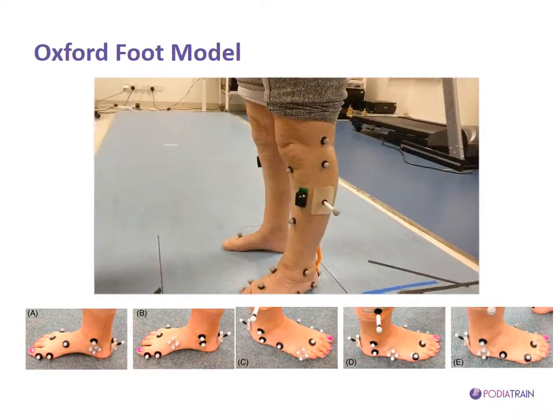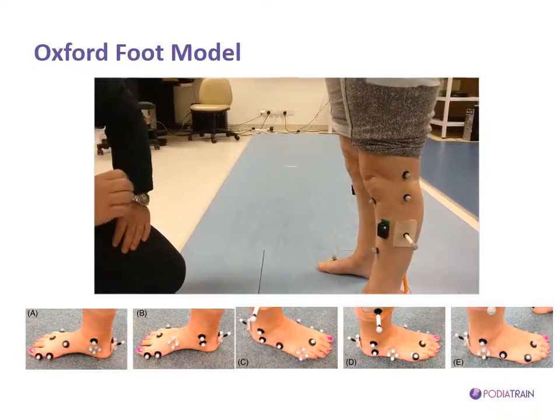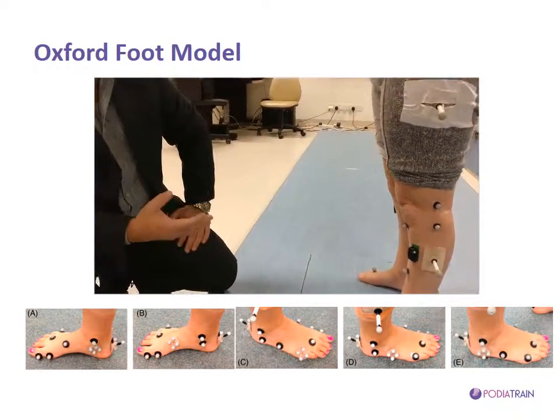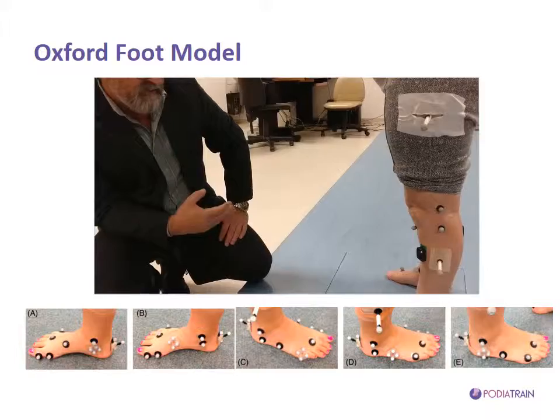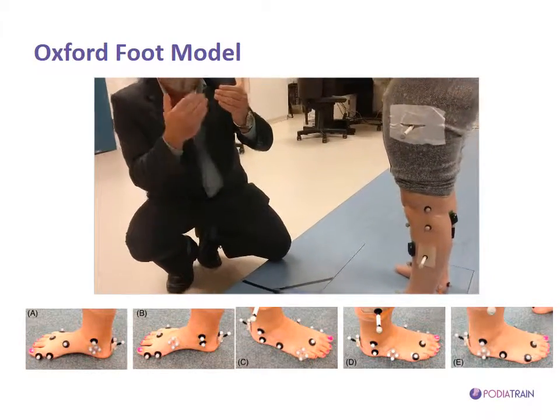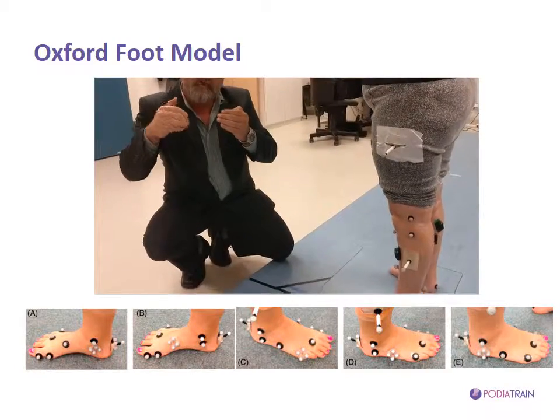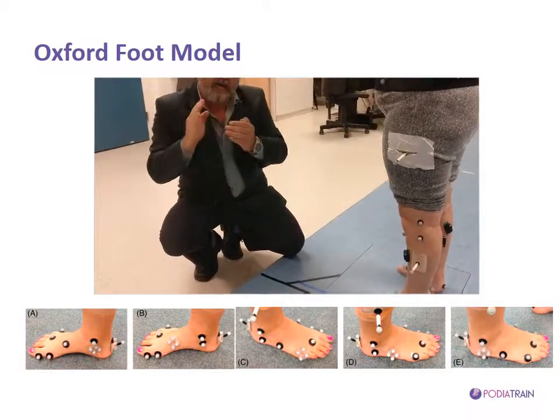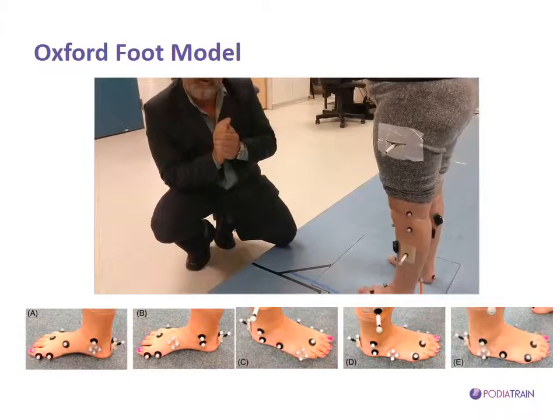So with the Oxford foot model, we can actually analyze movement and motion that occur in each body plane of the calcaneus relative to the forefoot, and also of the hallux, and all three in relation to the shin.